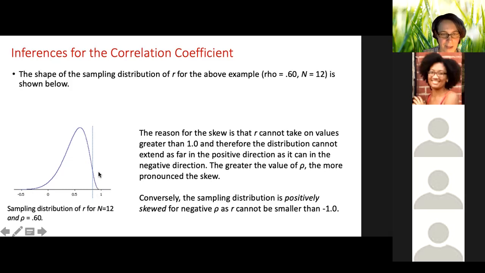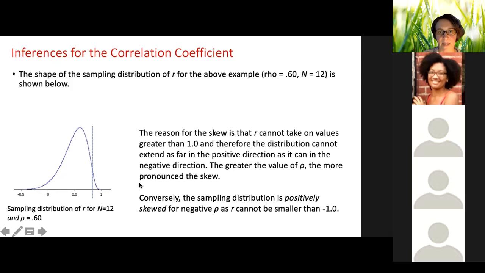There's a natural cutoff here, and that is the reason why the distribution is skewed. If our population parameter were negative, we would see the opposite pattern. If we had -0.6, the distribution would look like that, so we would have a positive skew.